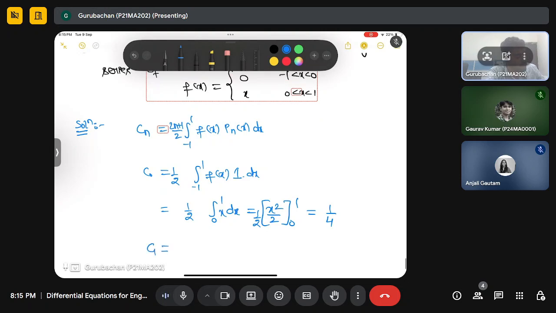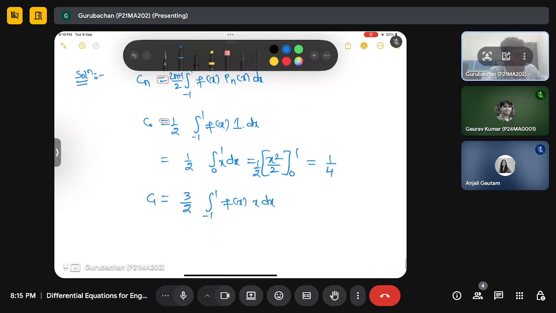Now C1 will be 3 by 2 integral from minus 1 to 1 of f(x) into x dx. P1 x is x. Since from minus 1 to 0 the function is 0, this will give you 3 by 2 times x cube divided by 3 from 0 to 1.